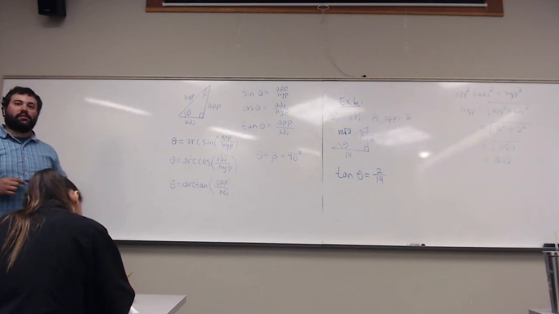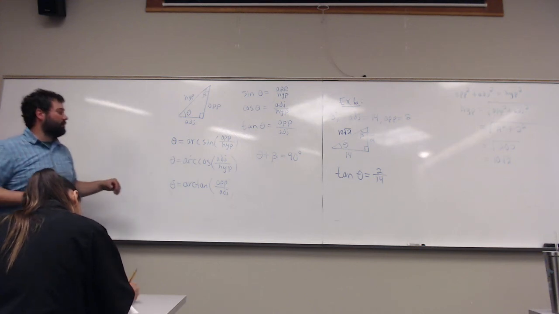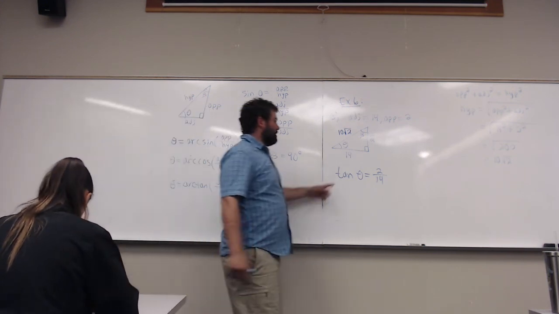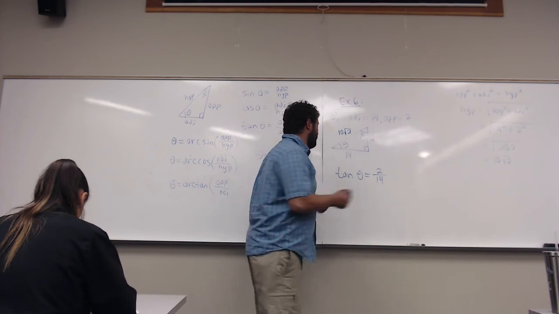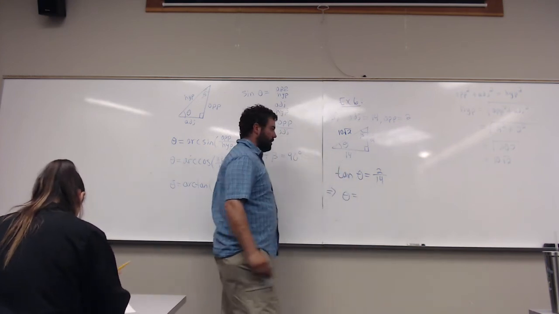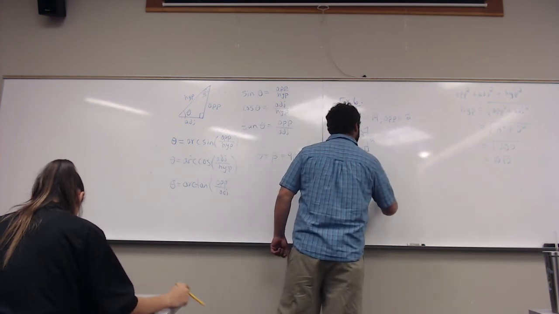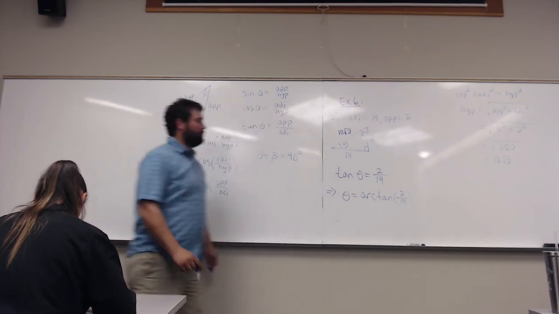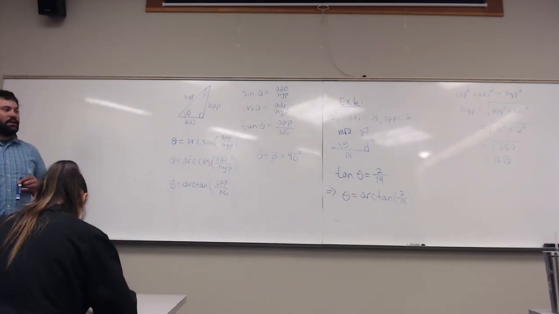The reason I like to write this first, it kind of helps me see where this comes from. Once I have an expression, tangent of theta equals 2/14, when you convert it, the input theta becomes the output, and the right-hand side is just going to become arctan of the output 2/14. So that's that idea again of when you go from a function to its inverse, the inputs and outputs swap.